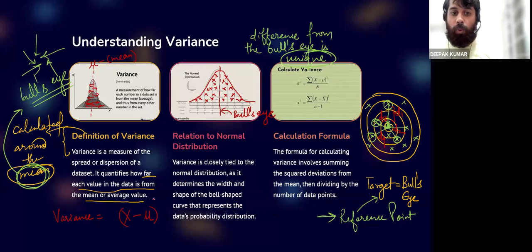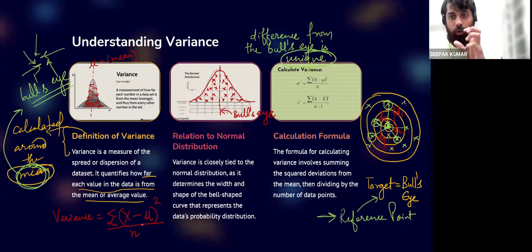It is given by the squaredness of the difference. Means first you take the difference, then you square them. Then you also take the summation, and you apply the mean.